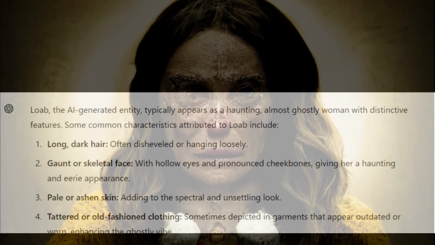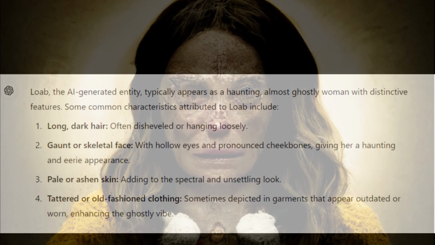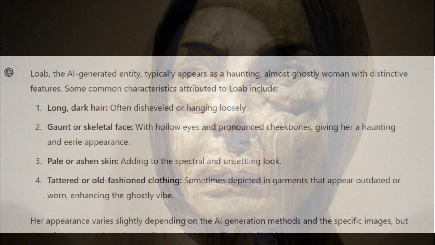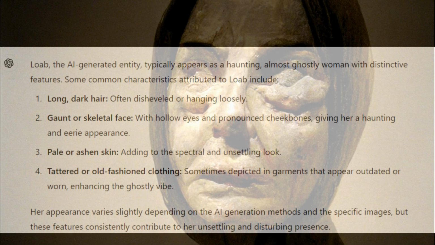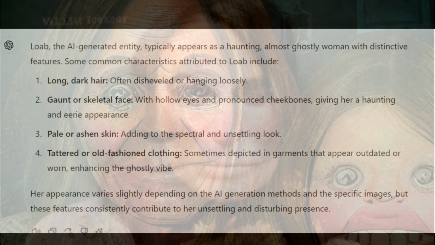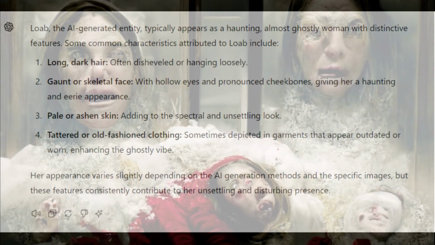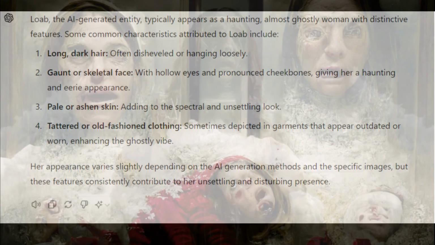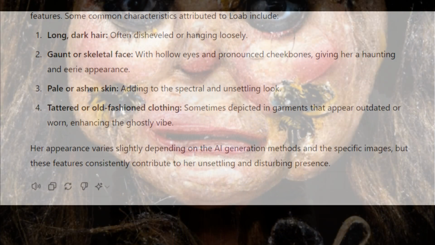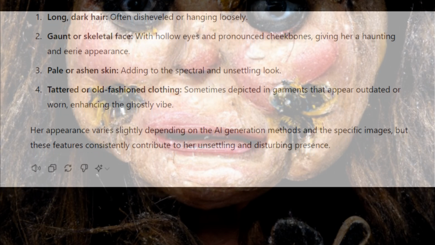Some common characteristics attributed to Loab include long, dark hair, often disheveled or hanging loosely, gaunt or skeletal face with hollow eyes and pronounced cheekbones, giving her a haunting and eerie appearance, pale or ashen skin, adding to the spectral and unsettling look, tattered or old-fashioned clothing, sometimes depicted in garments that appear outdated or worn, enhancing the ghostly vibe. Her appearance varies slightly depending on the AI generation methods and the specific images, but these features consistently contribute to her unsettling and disturbing presence.